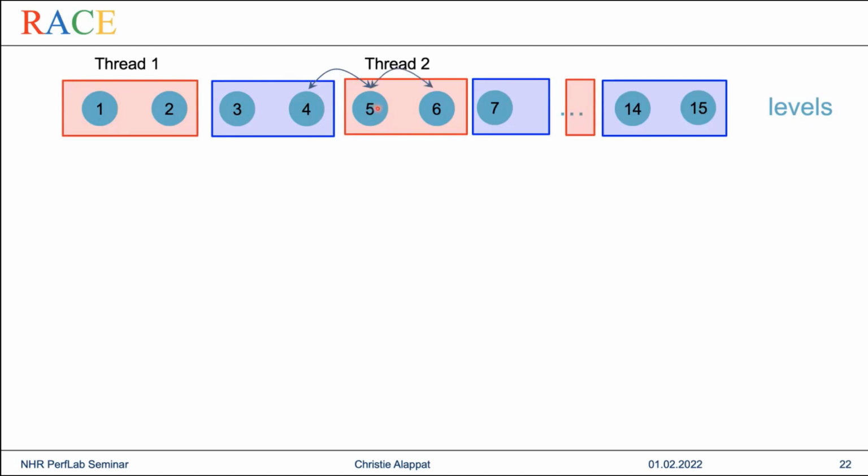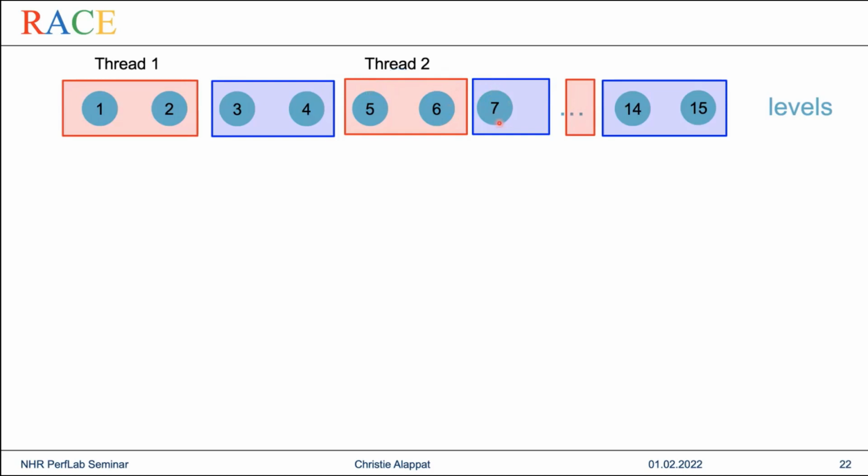It also has a dependency to level 6, but level 5 and level 6 are done by the same thread, so there are no write conflicts. Also, level 6 is dependent on level 7, but again, level 7 is in a different level group, in a blue colored level group, so no thread is working on it.